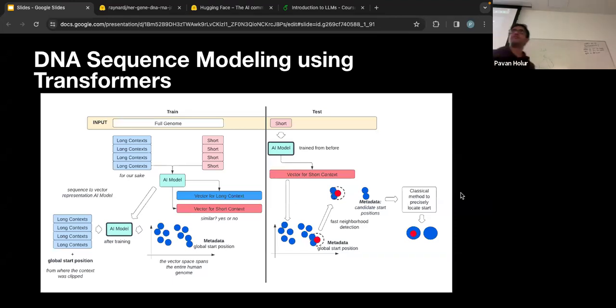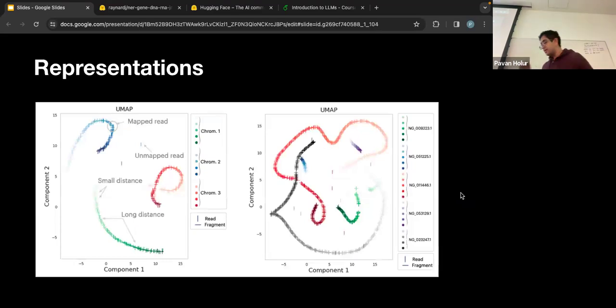So here's an example for you. When you take the embeddings for the long context and project them into a lower dimensional space to view, like a t-SNE or a UMAP projection, you notice something very interesting.